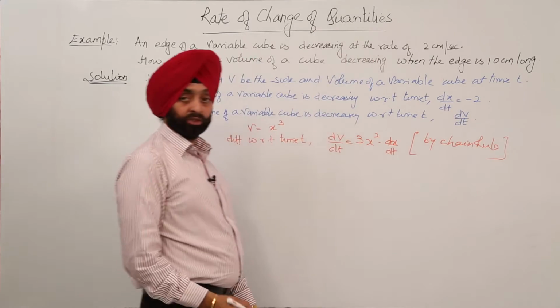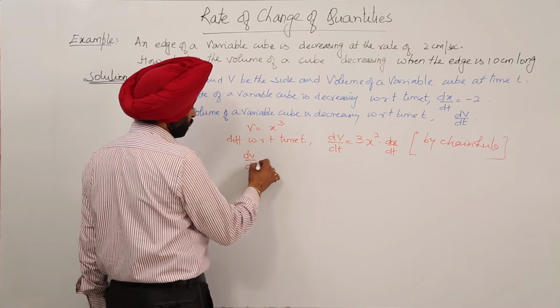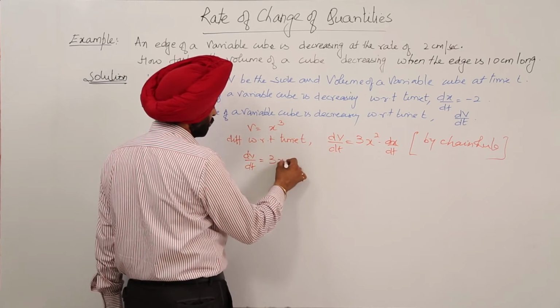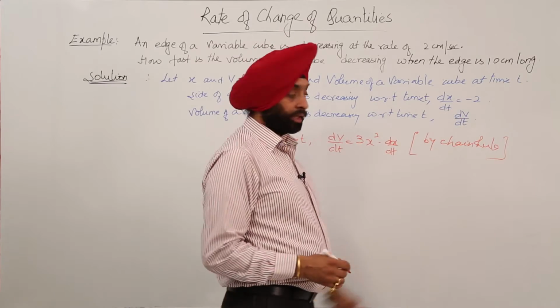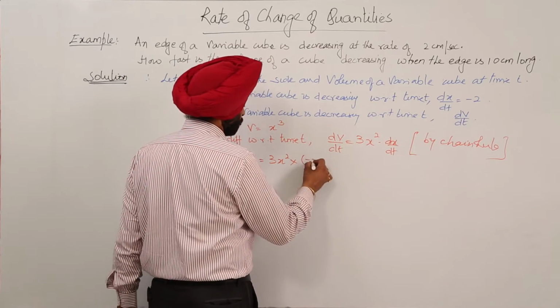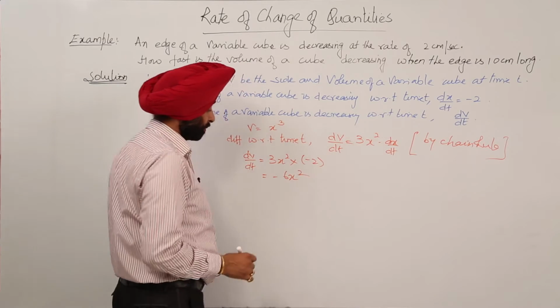This is by the chain rule. Now dV by dt is equal to 3x square with dx by dt, that is negative of 2. Now this becomes negative of 6x square.